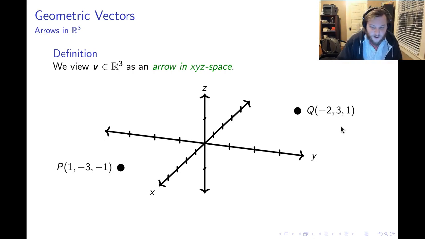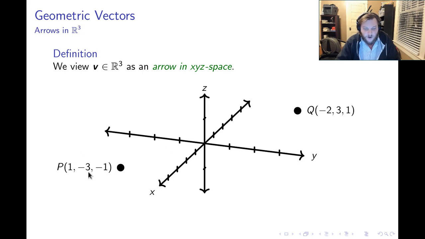So now let's say we're looking at these 2 different points. Let's focus on maybe this first point with coordinates 1, -3, -1. Well, what are these coordinates referring to as a location in 3 space? The idea is that to get to this location, we should walk 1 unit in the positive x direction, so that's maybe like this.